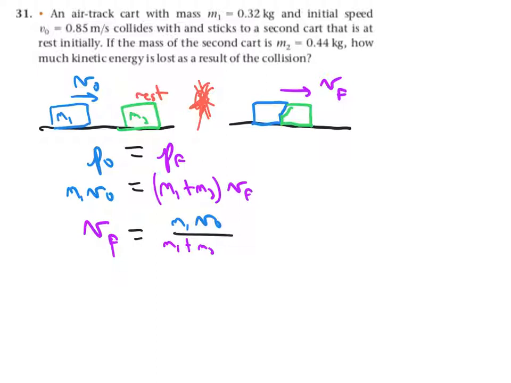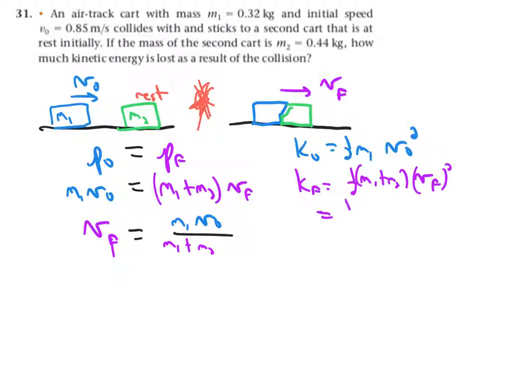Now we want to talk about kinetic energies. The initial kinetic energy is 1/2 m1 v0 squared. And the final kinetic energy is 1/2 (m1 plus m2) times the final velocity squared. But we can actually more or less simplify that.